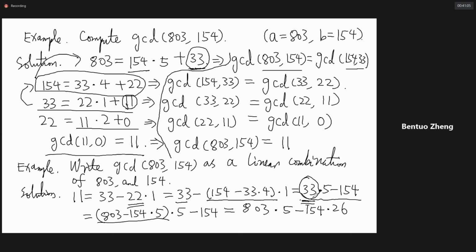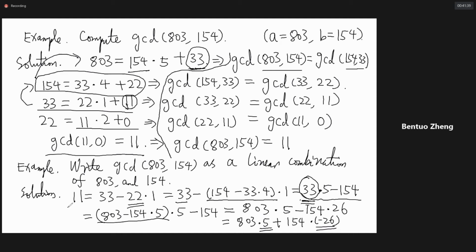All right, so remember a linear combination is in the form of addition. So what we get is equal to 803 times 5 plus 154 times negative 26. So here the coefficients are 5 and negative 26. So this is a linear combination.